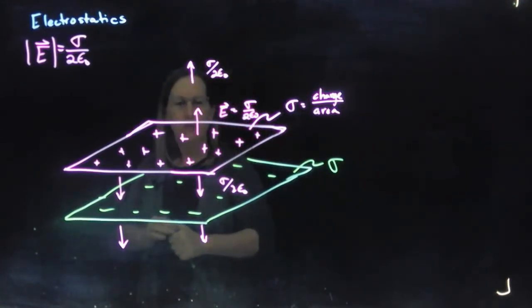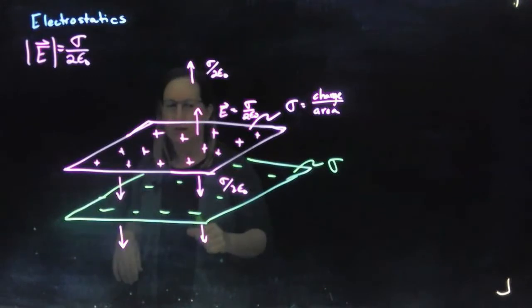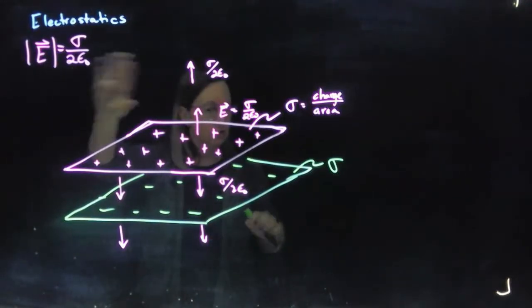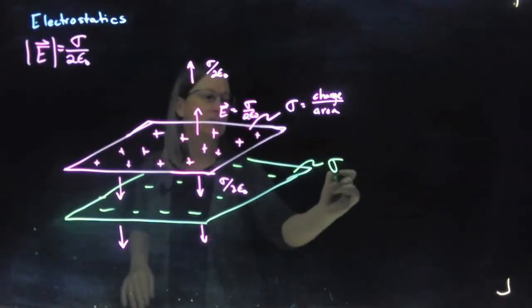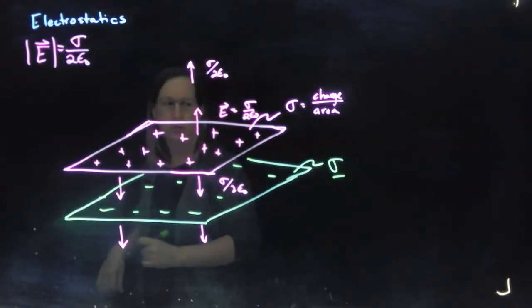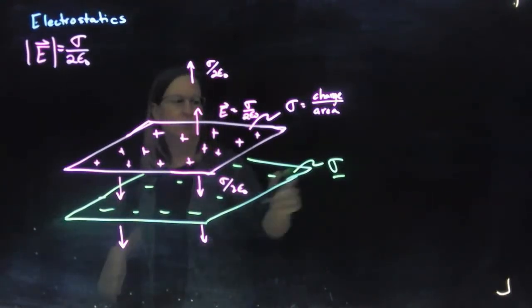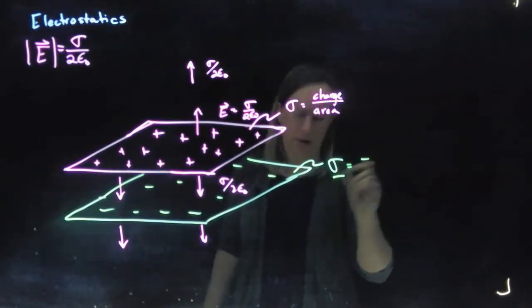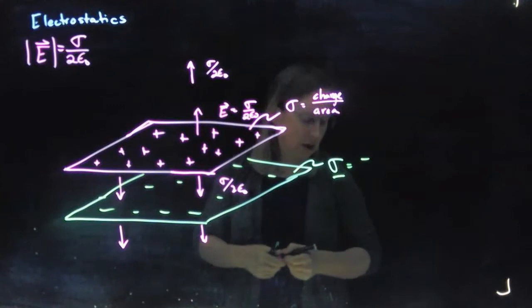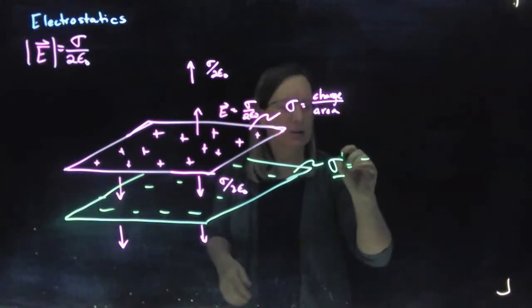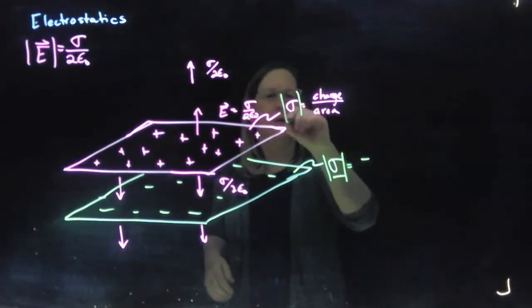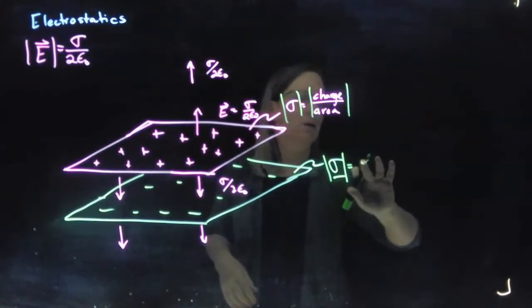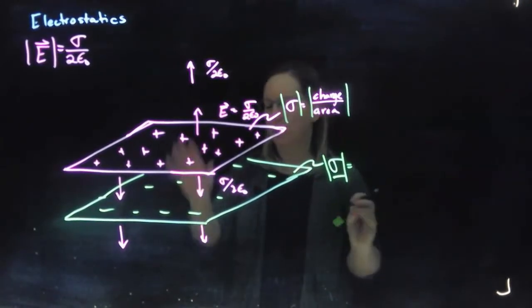What I want us to do is look at the direction of the electric field. The magnitude of the electric field is going to be the same, because we've got the same sigma of negative charges. So this is equal to minus our pink sigma, if you like, but we're just going to say it has the same magnitude. And we'll take care of the sign by doing the direction.